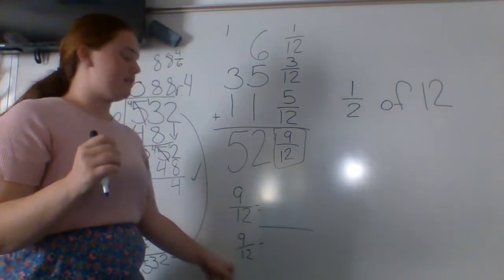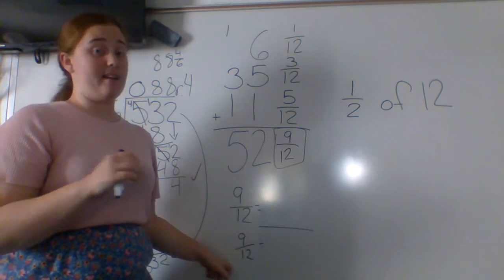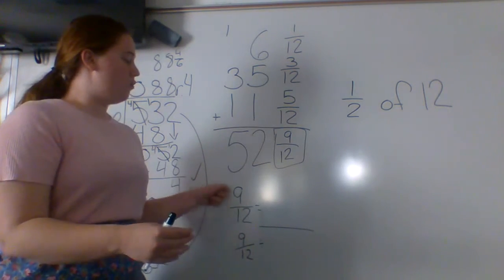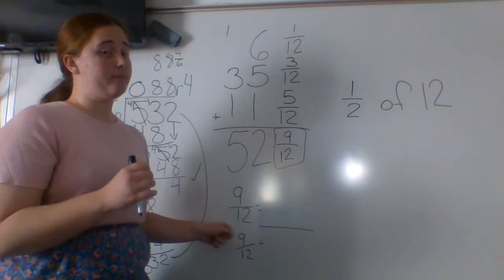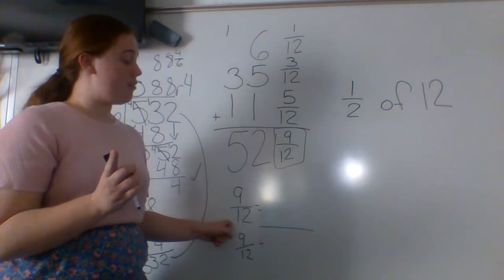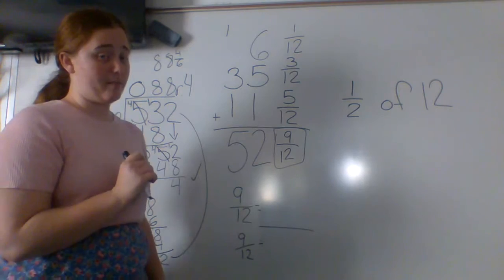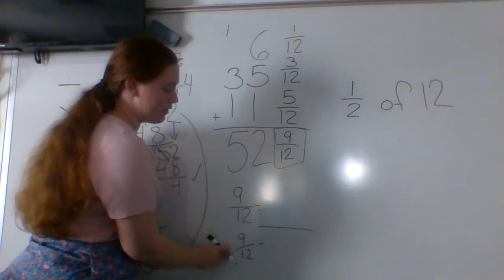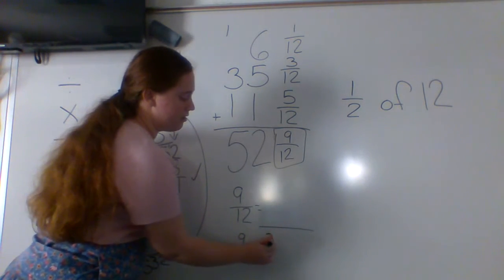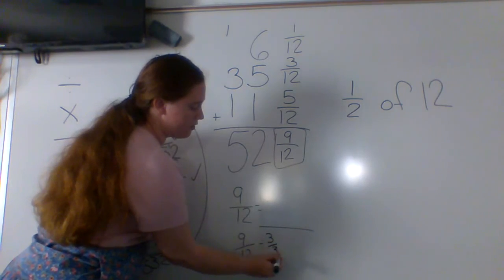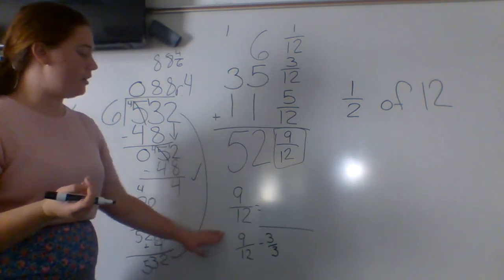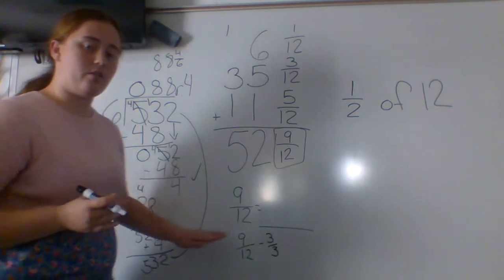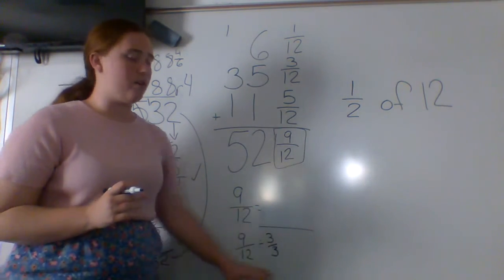Okay, so I need to divide this fraction by another fraction that's equal to 1. What number did we say could go into both 9 and 12? Right, 3. So could I write my fraction as 9/12 divided by 3/3? Yeah, I could. And then I would just divide across the top, divide across the bottom.